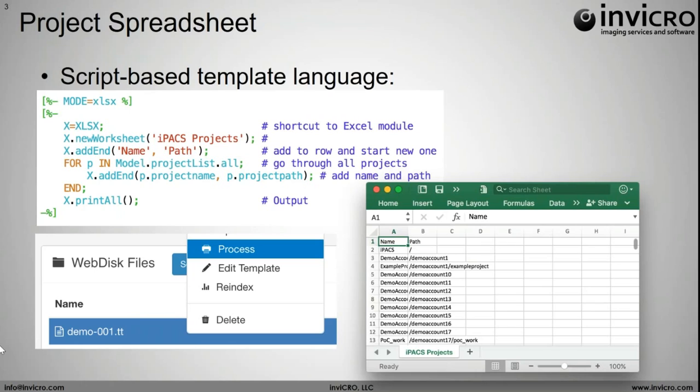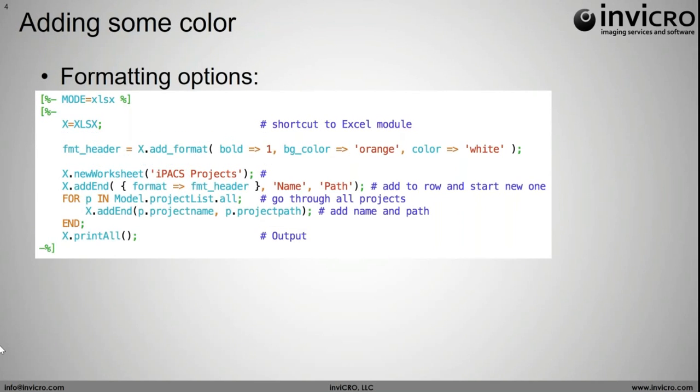So we want to upgrade this a little because it doesn't look very nice, and also doesn't contain that much information yet. So the first thing we do is we define a header format, so that we have the name and path in the header line. In this case, I went for bold and the color white, and orange the background.